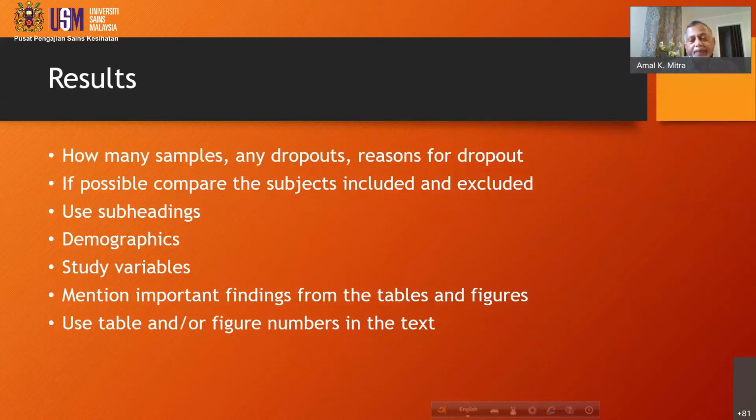Only a summary, only important things, because tables and figures are there, people will read them. Use table and figure numbers in the text. Do not forget that. Sometimes people just mention them without referring to the tables and figures, but don't forget that.